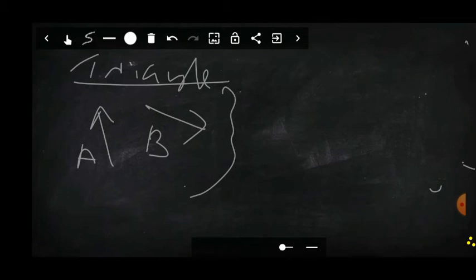And for a vector, we have to consider two regions. One is the tail region of that vector and another one is the head region of this vector. For every vector we can consider this as the tail region and this as the head region. Then triangle law of vector addition means just arranging the vectors head to tail.